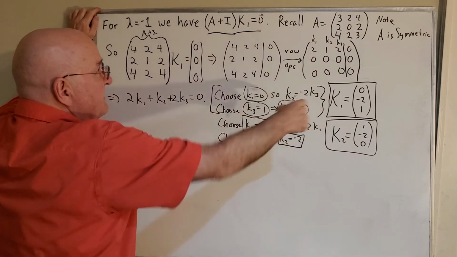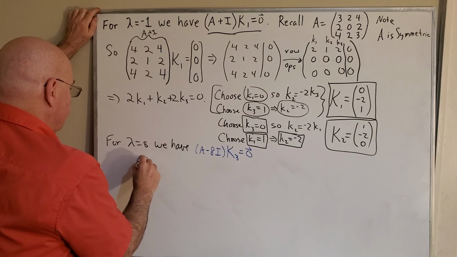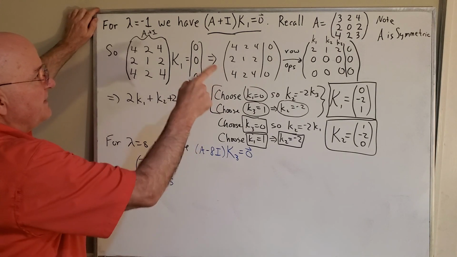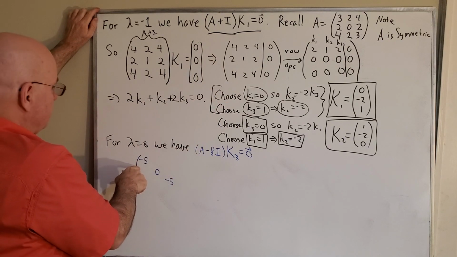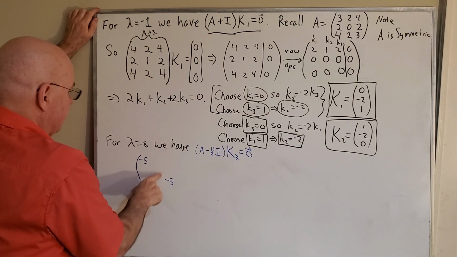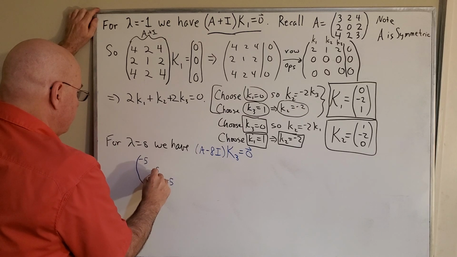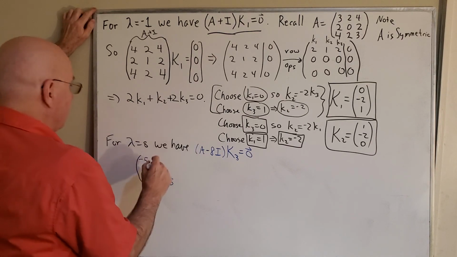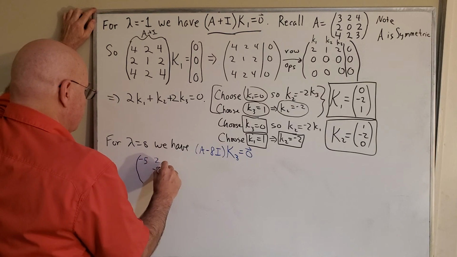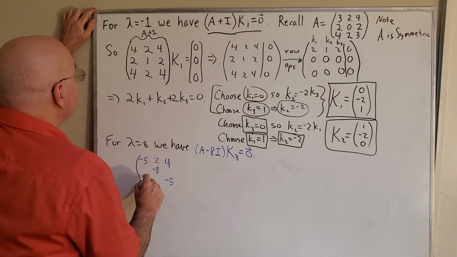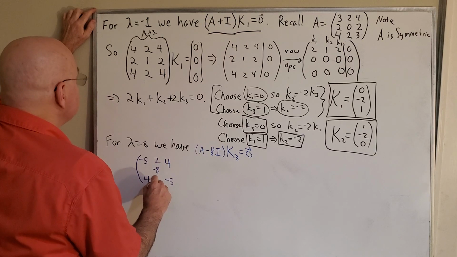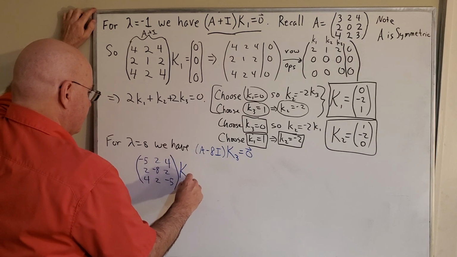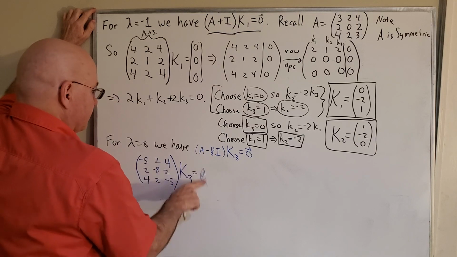I have to subtract 8 from the diagonal. So it's going to be -5, -8, -5 on the diagonal. The rest of it stays the same. 2, 4, 4, 2, 2, 2. K3 is equal to the 0 vector.